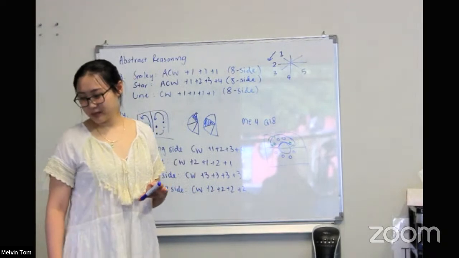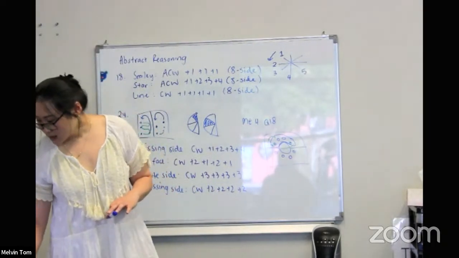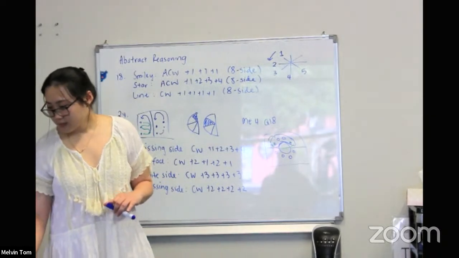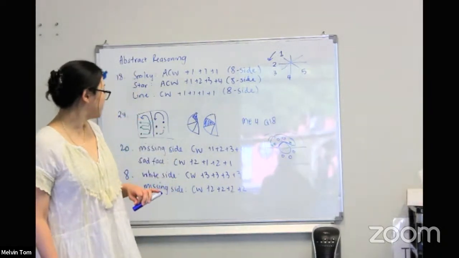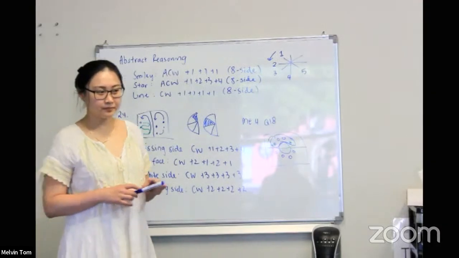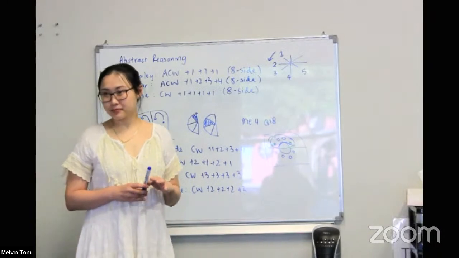What's the answer? 20 is the same as 18, but it's only 3 objects instead of 4.